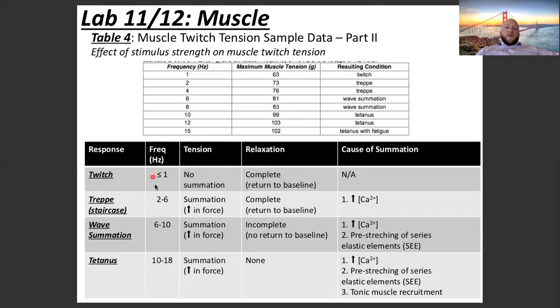So at about 1 hertz or about 1 shock a second, we're going to see no summation, meaning no temporal summation. We're going to have a complete return to baseline in between each muscle action potential. Complete relaxation. All the calcium that's released in the cytoplasm is going to be transported back into the sarcoplasmic reticulum.